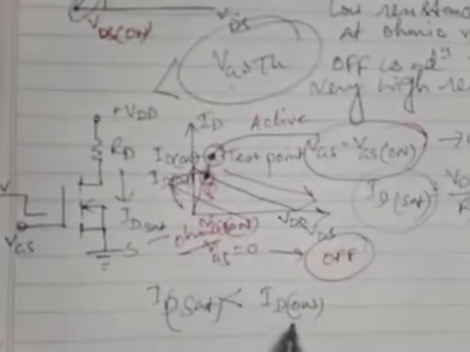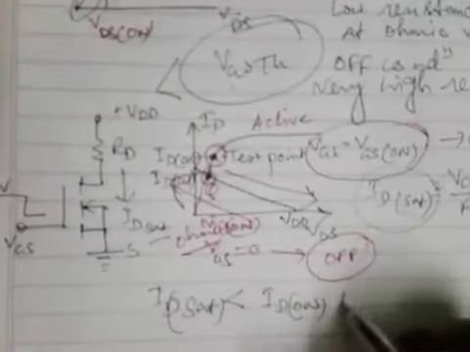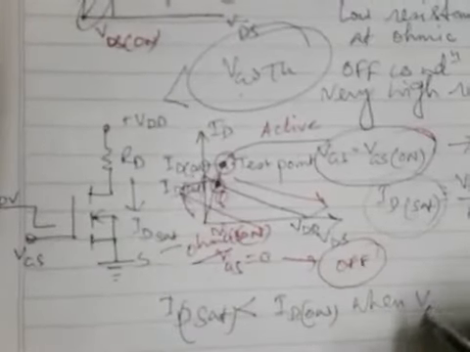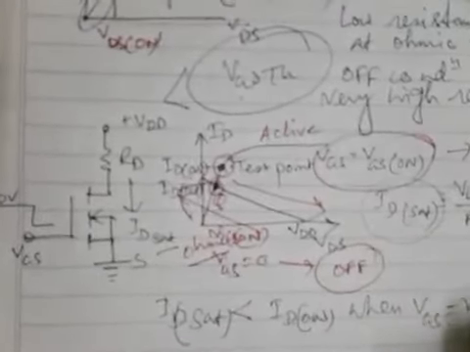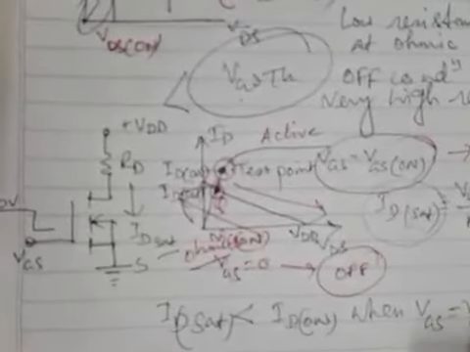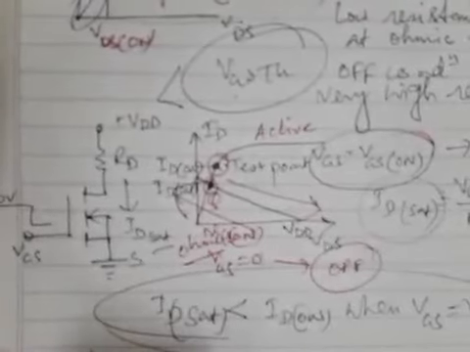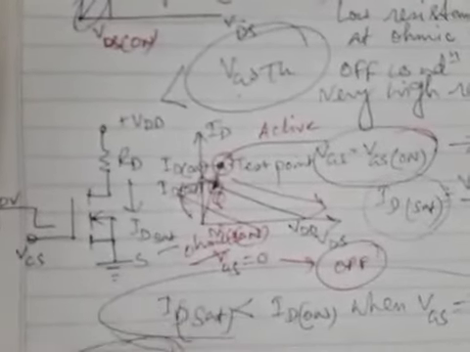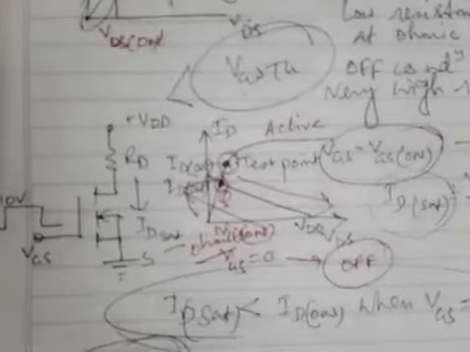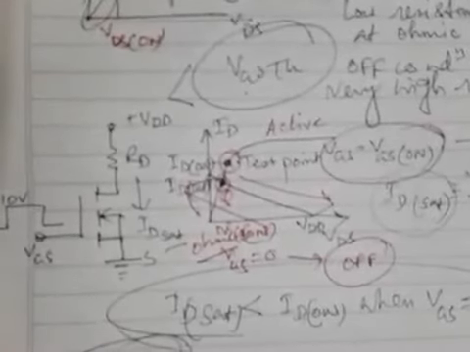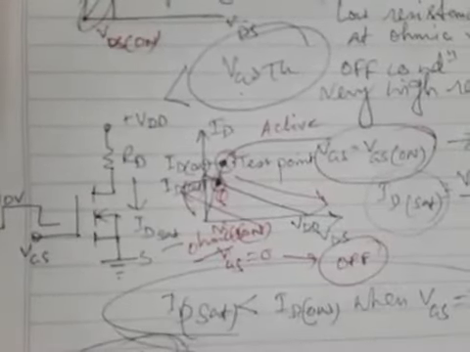So if this equation is satisfied, when VGS is equal to VGS on, we can say the device is working in the ohmic region. That means it will behave as a linear device. Whether this MOSFET is operating in the active region or the ohmic region, this particular equation will be important.